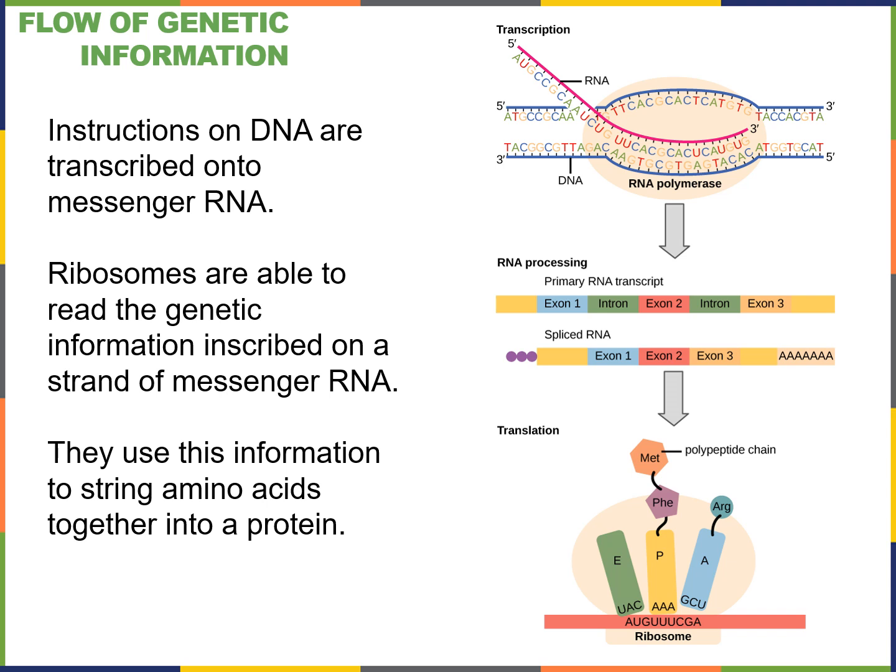Again, this is showing the same thing. Here we have our double-stranded DNA sitting inside of the nucleus, and suppose we need a specific gene. We need to make more copies of insulin. We'll stick with insulin because most of you are familiar with insulin and know what it does. So we take the gene for insulin, we unzip it, which means we untwist it so that the bases aren't hooked together, and we use the sequence of the DNA on the template strand to make a copy in the form of RNA.